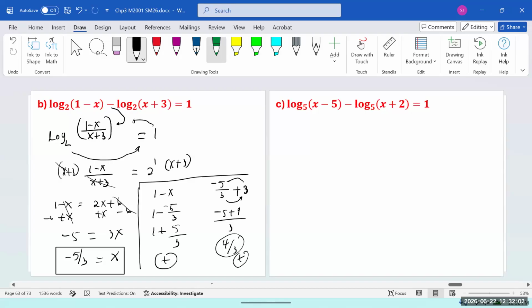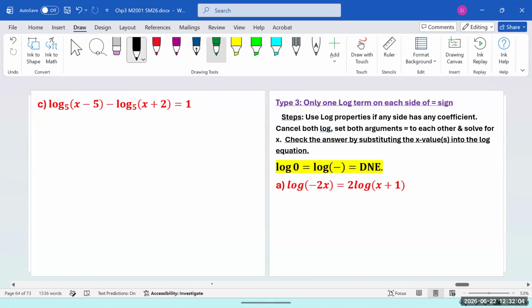Okay, I'm going to ignore this one. Let's go to the third type. The third type, we have single log on both sides. As long as they're single without any coefficient, anything added or subtracted, we can cancel both logs. So what's wrong with this question? Can you just cancel the log?